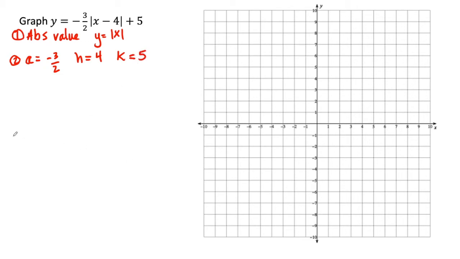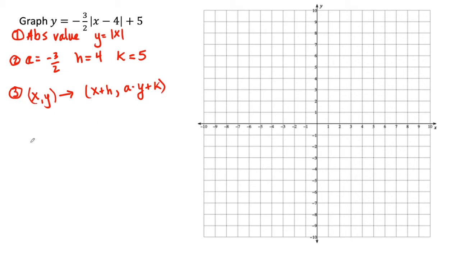So step 3 is to perform the transformation. We're going to map our x, y's to x plus h and then a times y plus k.